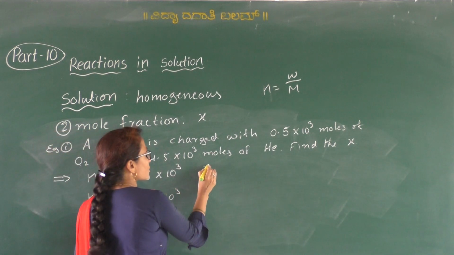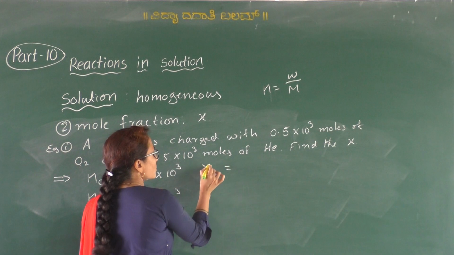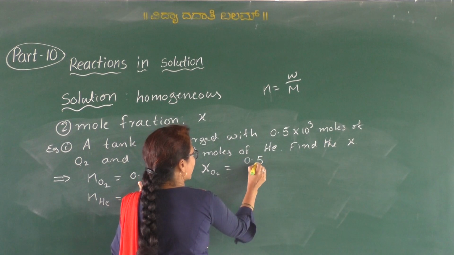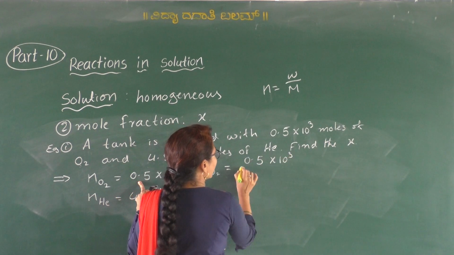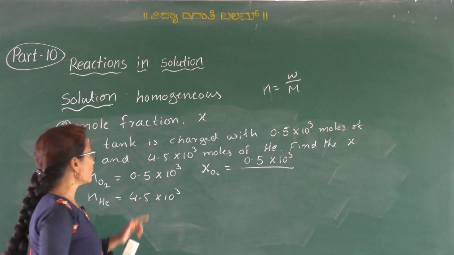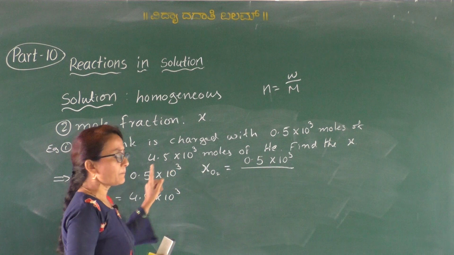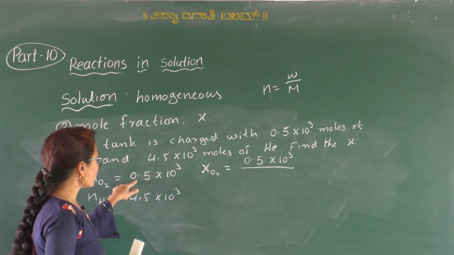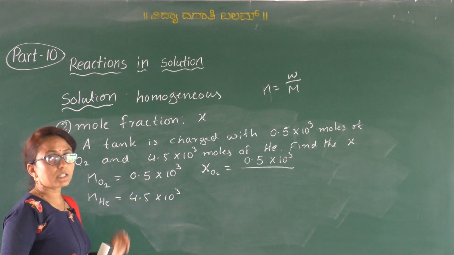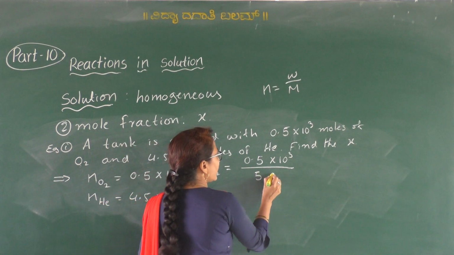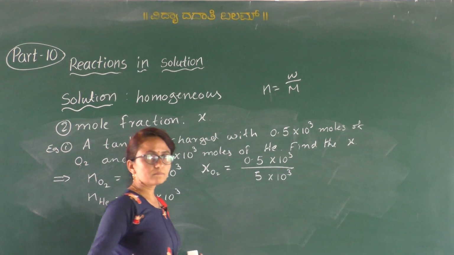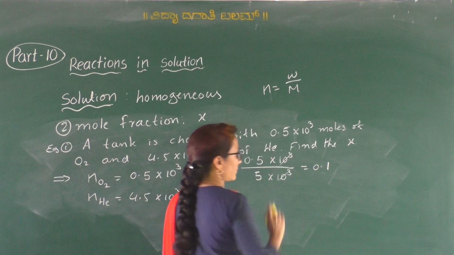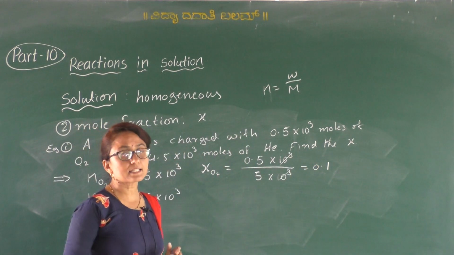Therefore, mole fraction of oxygen is equal to the number of moles of oxygen, 0.5 into 10 to the power of 3, divided by the total number of moles, 0.5 into 10 power 3 plus 4.5 into 10 to the power of 3. By adding these two, we get 0.5 plus 4.5, that is equal to 5. Therefore 5 into 10 to the power 3. So 10 power 3 cancelled, and that is equal to 0.1. Therefore the mole fraction of oxygen is 0.1.